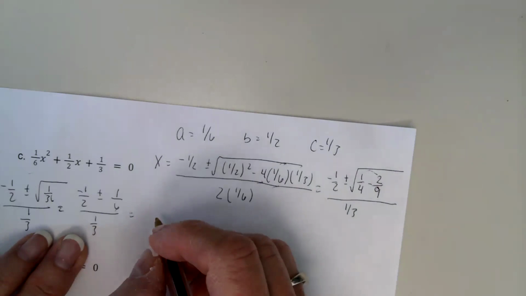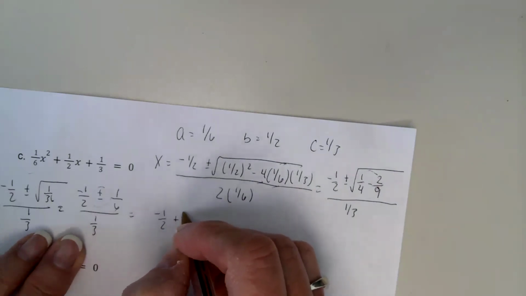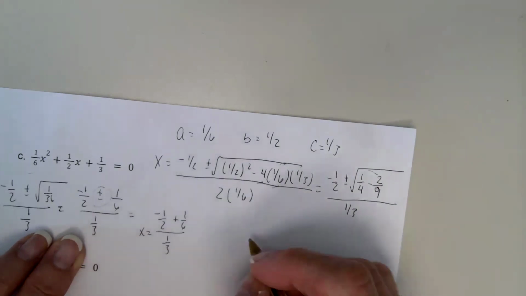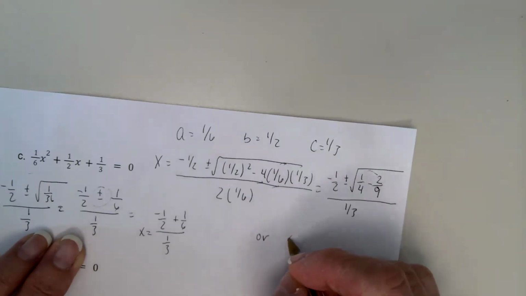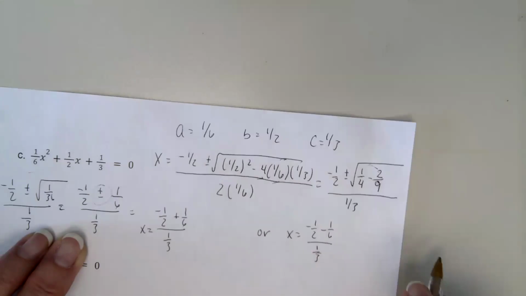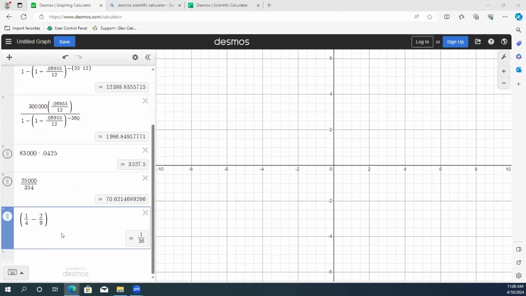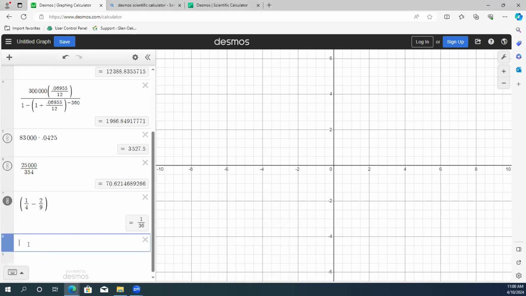So we've got to handle both the plus and the minus. So we've got negative 1/2 plus 1/6 divided by 1/3, or we have x equals a negative 1/2 minus 1/6 over 1/3. And so I am going to share my Desmos. I'm at the bottom here in Desmos.